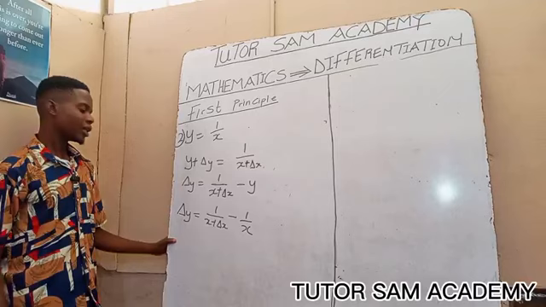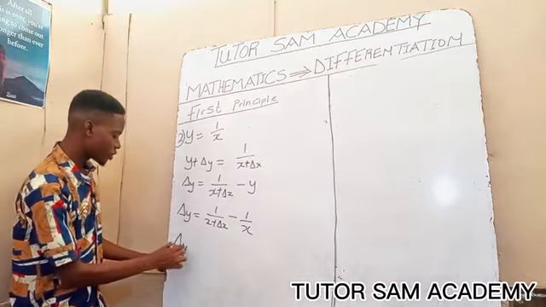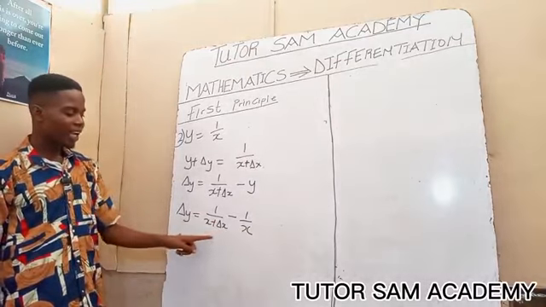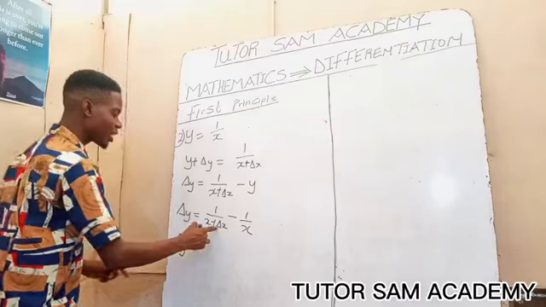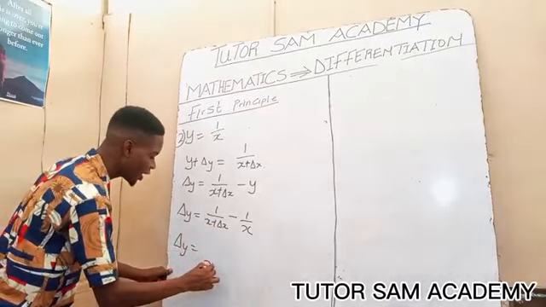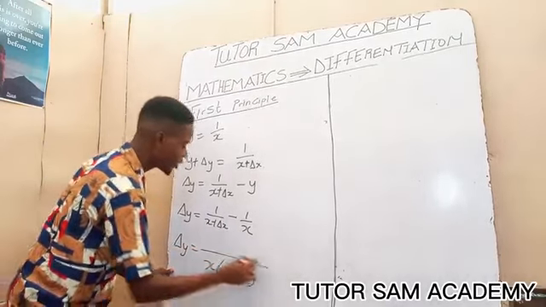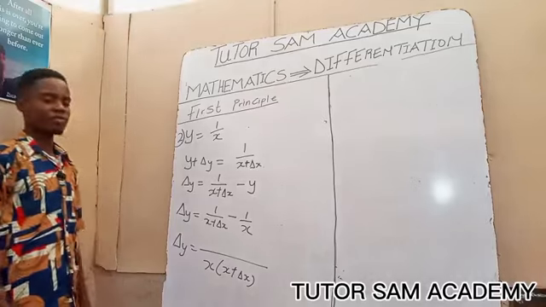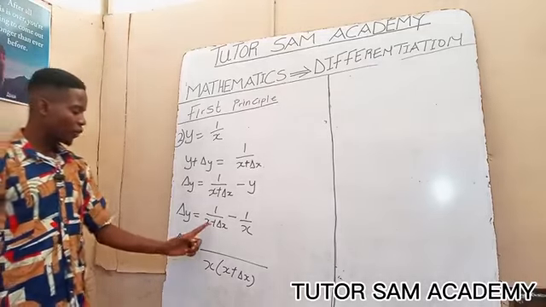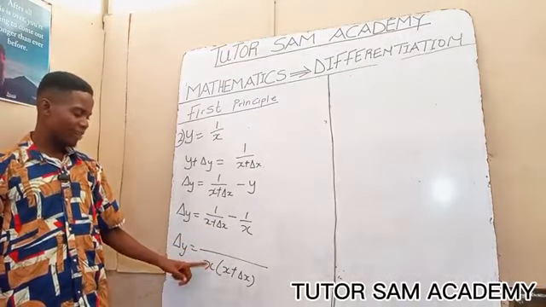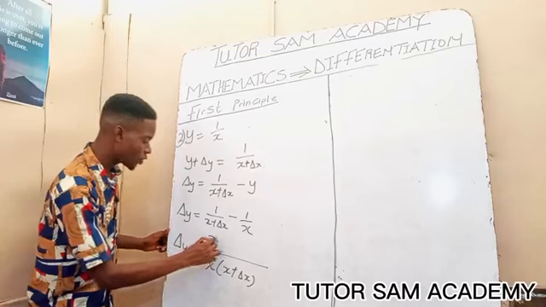The next thing now is to solve for this. If you are to solve for this, you take the LCM. This is a fraction. You take the LCM of this and this. The LCM will be x into x plus change in x. When you multiply both of them together, it will give us our LCM. So if you are to solve for this now, let this divide this, we'll be left with x. x multiplied by 1 will give us x.